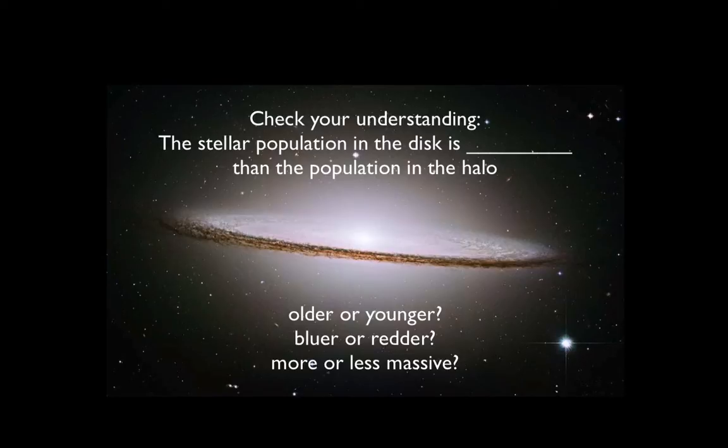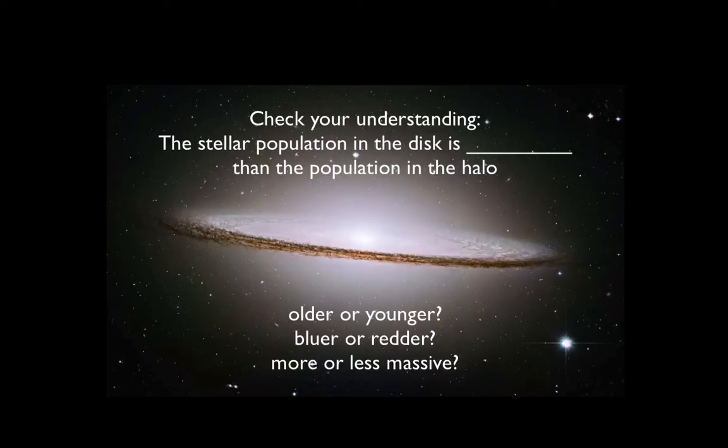The stars in the disk are, because they are younger, they're also going to be bluer, hotter, etc. Because, again, you're seeing stars that have recently been born, some of those stars might be the big, massive stars that live for a short period. We're still seeing those because star formation is currently occurring.